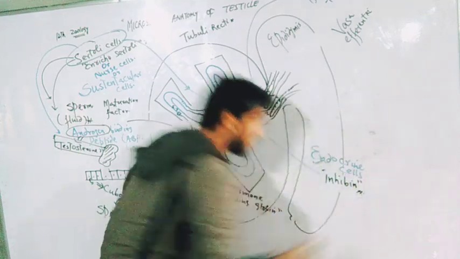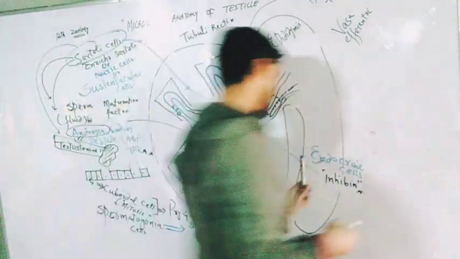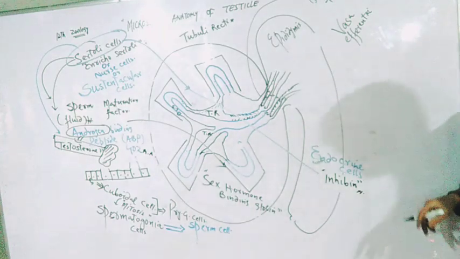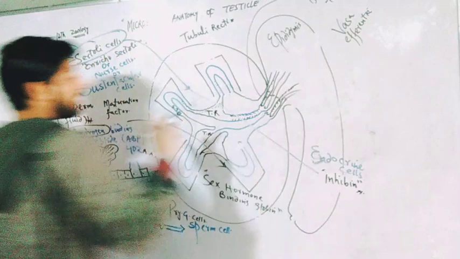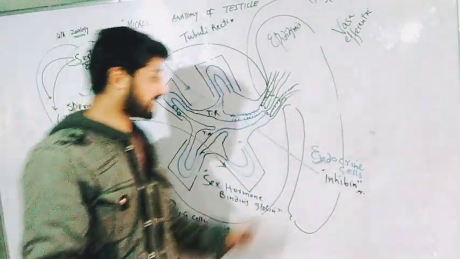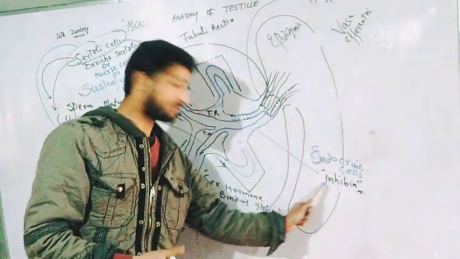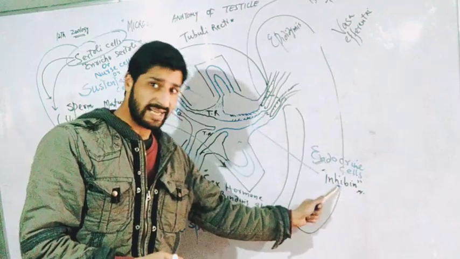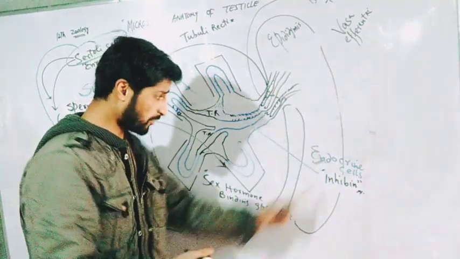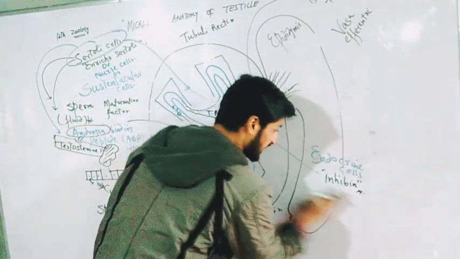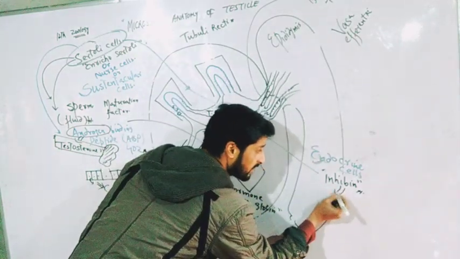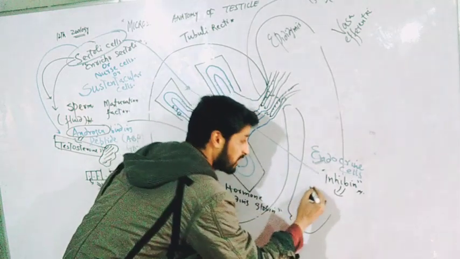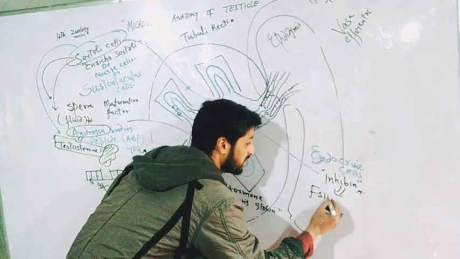What is the actual role of inhibin? That will be discussed in later classes. But right now you should note down that Sertoli cells produce special types of molecules called inhibin. It is also proteinaceous in nature. It is this inhibin that prevents release of follicle stimulating hormone.